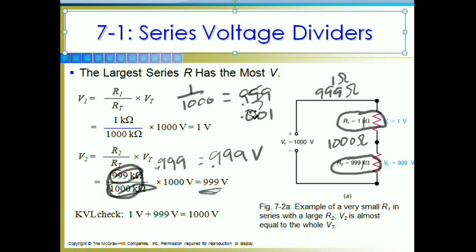So my voltage drop, even though I've changed the totals of the two resistors, they still come out to the same proportion. This is 1/1000th, and this is 999 1,000ths. So they're going to still have the same voltage drop of 1 volt and 999 volts. So we are just looking at the proportionality of resistance to the overall resistance to give us the voltage drop.